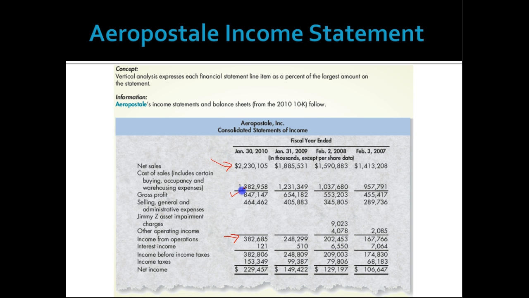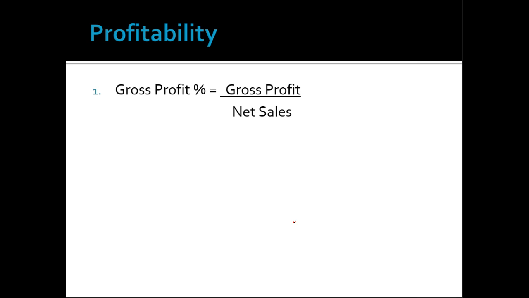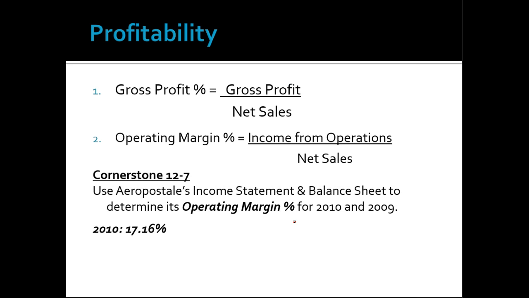Gross profit was nice and healthy in 2010 compared to 2009. But what happened here? Yeah, we had higher expenses there. So, looks like as these things go, they simply didn't do as well on their selling, general, and administrative expenses.